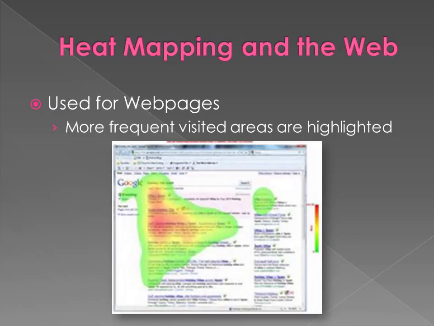In the heat mapping for web page analytics, I've put a screenshot below. You'll see that the most frequently visited areas are highlighted on a web page when you use this with a particular piece of heat mapping software. In this example, you'll see that the first 3 search results are most widely clicked on, and that generally the green is a little bit more rare.